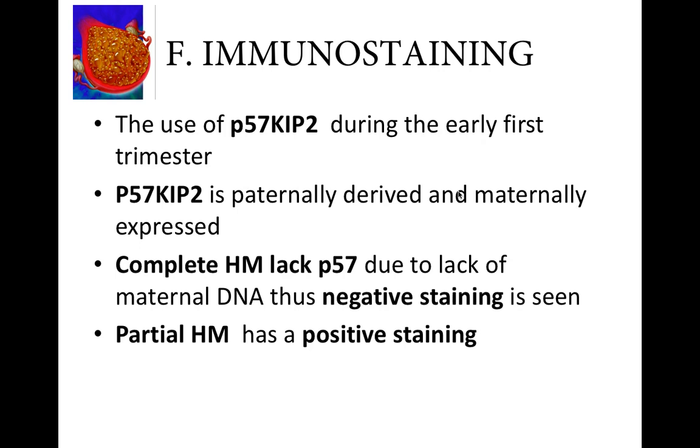We have to bear in mind that p57 KIP2 is paternally imprinted and maternally expressed, so that its absence on nuclear staining would establish the diagnosis of complete mole, with positive staining seen only in partial mole and hydropic abortus.